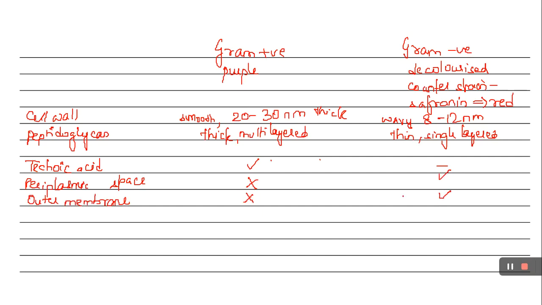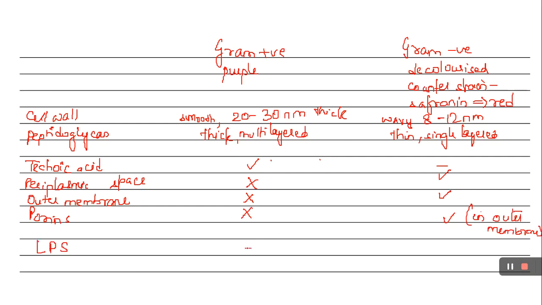Then come porins. Are porins present in gram positive or gram negative? Porins are present in gram negative bacteria, in the outer membrane. Next comes the lipopolysaccharide layer.